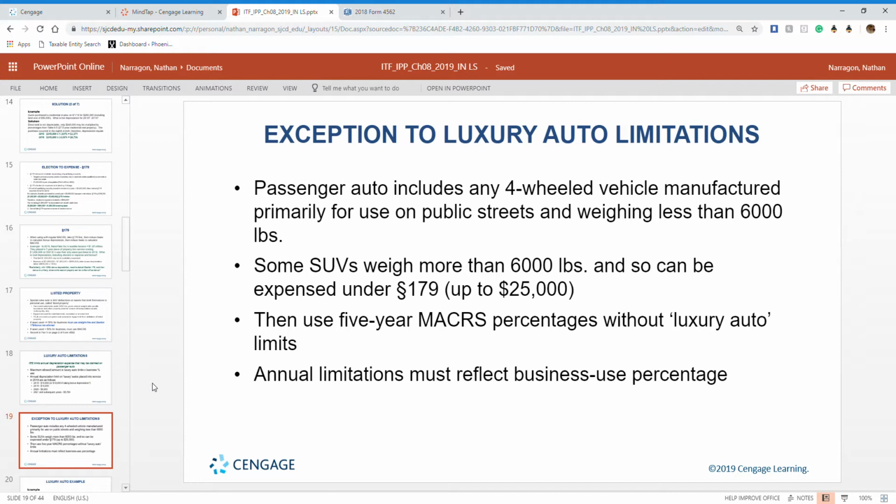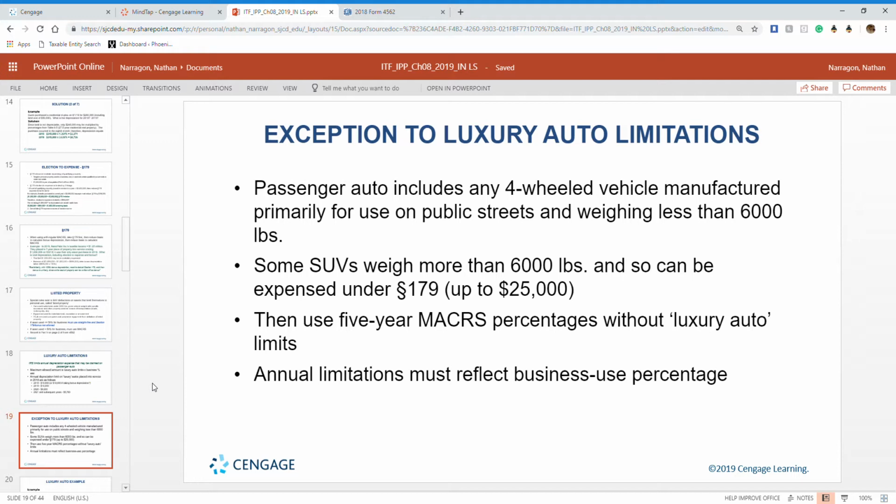Passenger autos include any 4-wheeled vehicle manufactured primarily for use on public streets and weighing less than 6,000 pounds. So if it weighs less than 6,000 pounds, that's an exception to the luxury auto limit. If it weighs more than 6,000 pounds, we have to watch out on that.